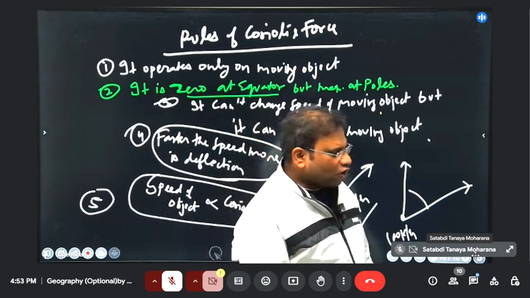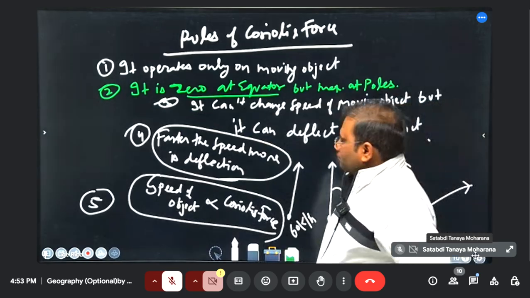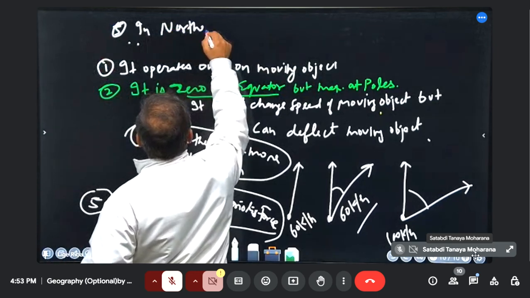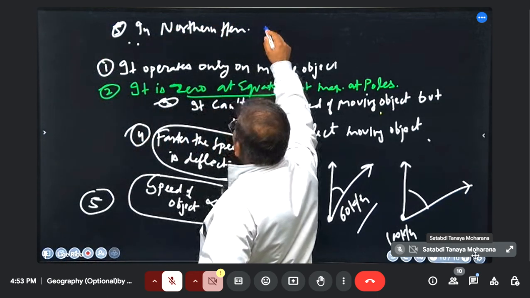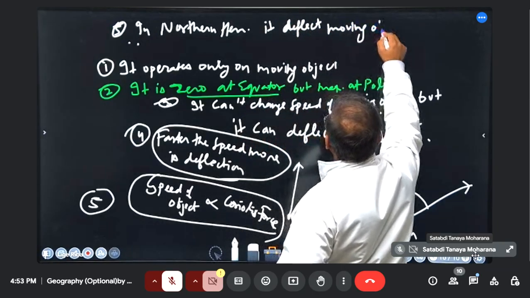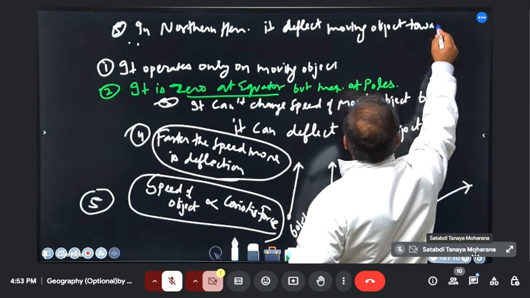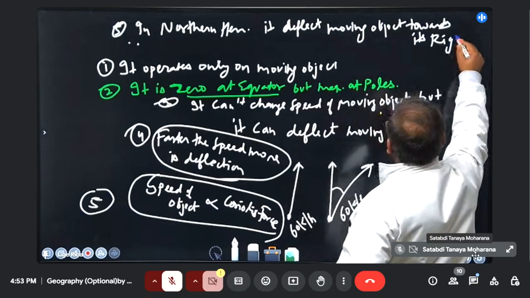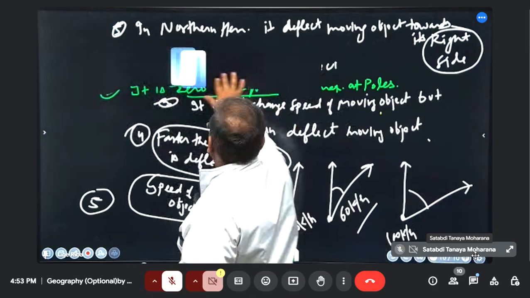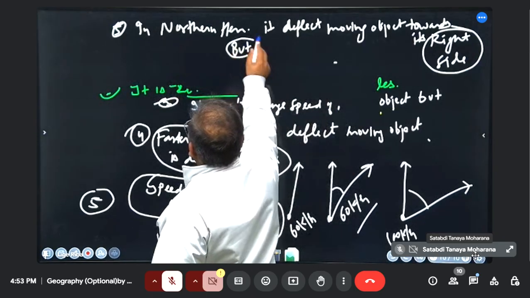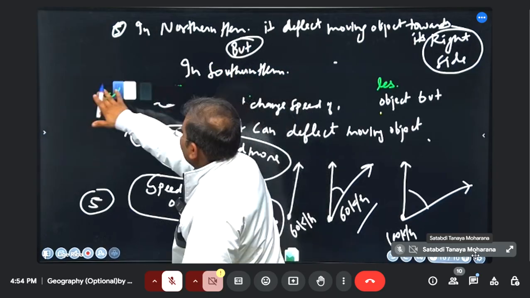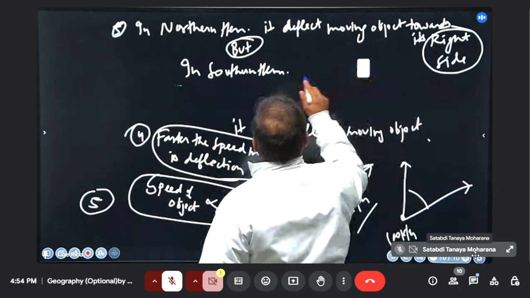Okay, next, fifth. That is an important point. In the northern hemisphere, it deflects a moving object towards its right side. This is important. But in the southern hemisphere, deflection is towards the left side.